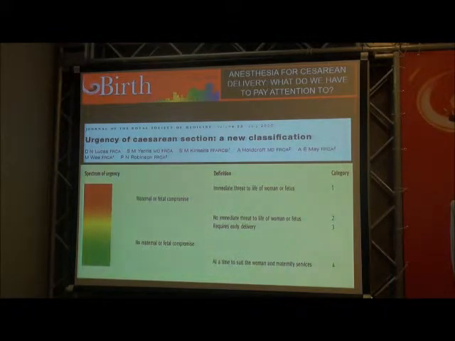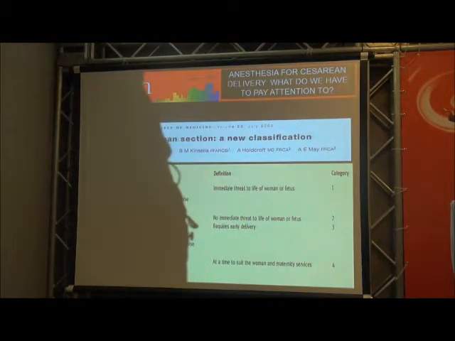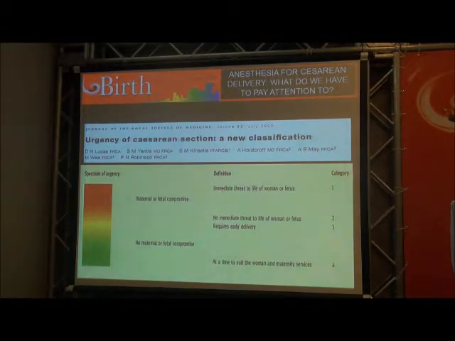Category 2, no immediate threat to life of woman or fetus. Category 3 requires early delivery, but all the first 3 of them include maternal or fetal compromise. When there is no maternal or fetal compromise, there is a coordinated cesarean section, at a time to suit the woman and the maternity service, which is category 4.